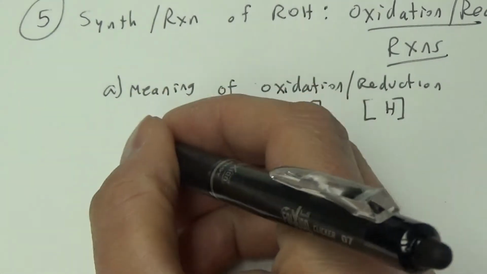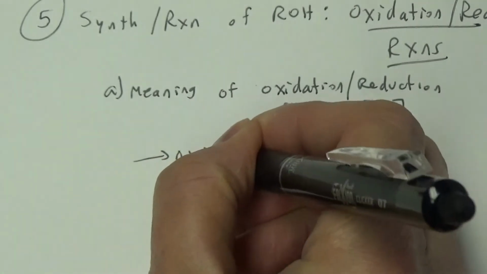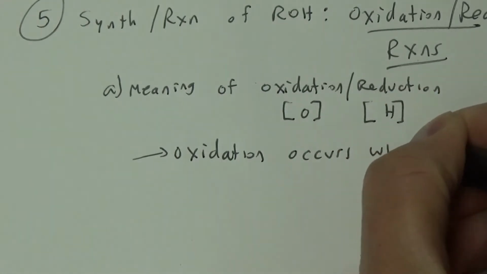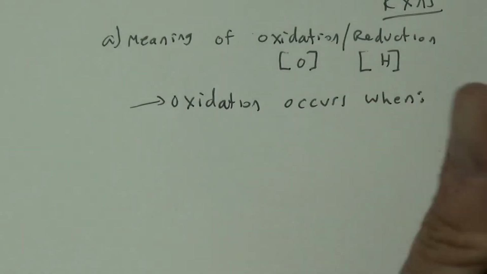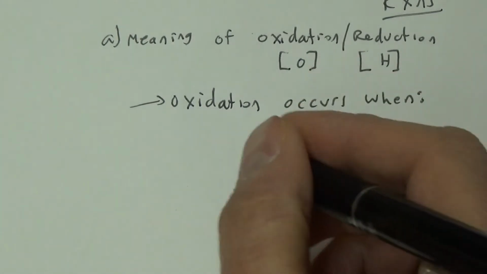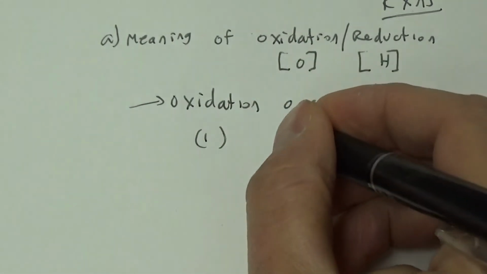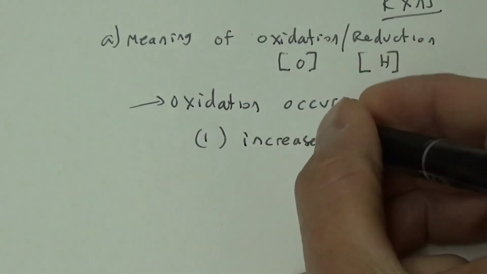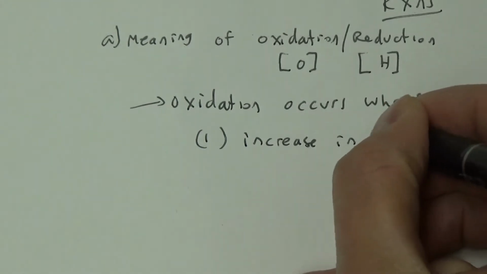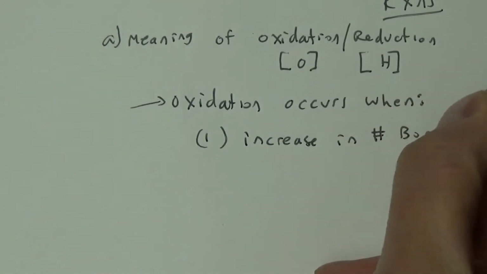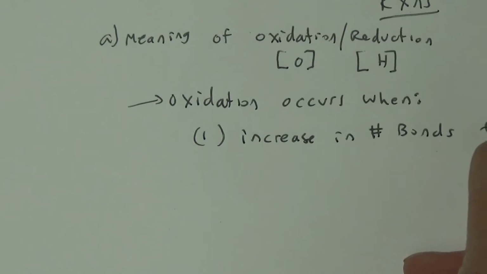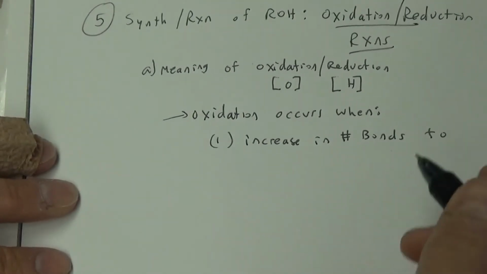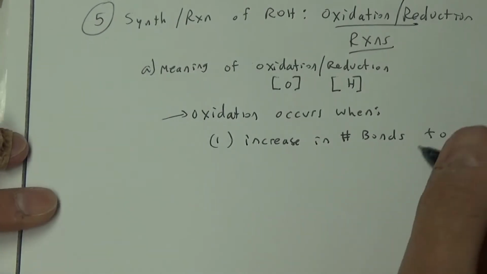All right, so oxidation occurs. There's a couple of ways you can identify an oxidation reaction. One, when there's an increase in the number of bonds to atoms that are more electronegative than carbon.